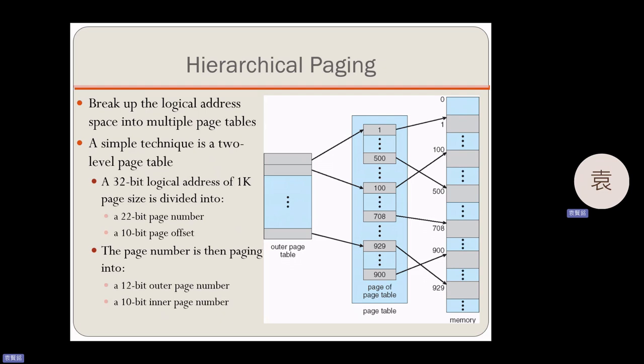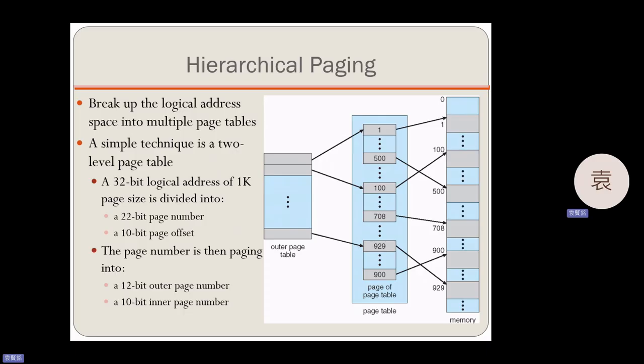The page number can then be split into a 12-bit outer page number and a 10-bit inner page number. So we have an outer page table, and every inner page table has 10-bit inner page numbers.